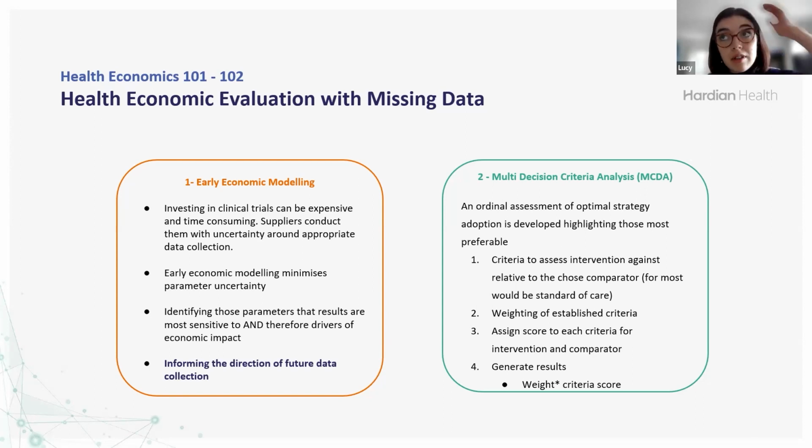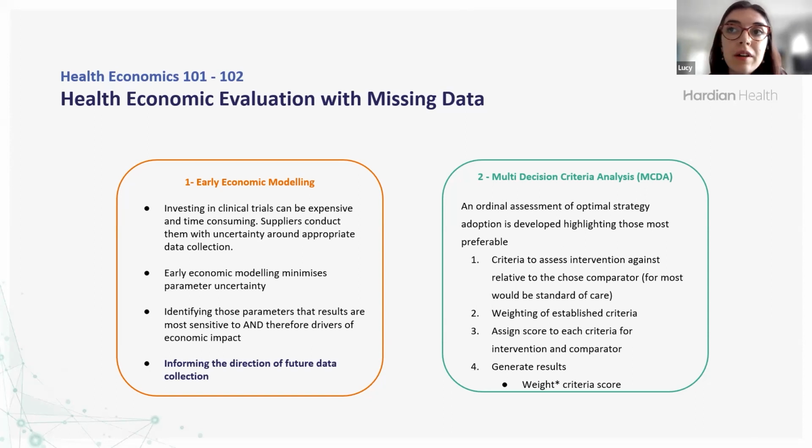And then there is the multi-criteria decision analysis, which is more of a social science qualitative exercise, where you essentially develop a set of criteria to assess the intervention versus a comparator. For instance, one criterion could be intervention efficacy, one could be costs associated with reduction in hospital admissions.